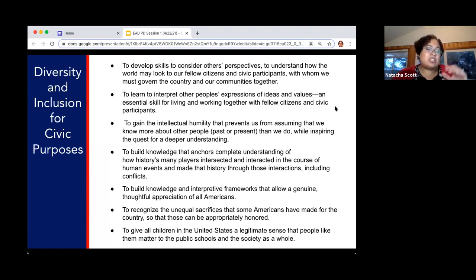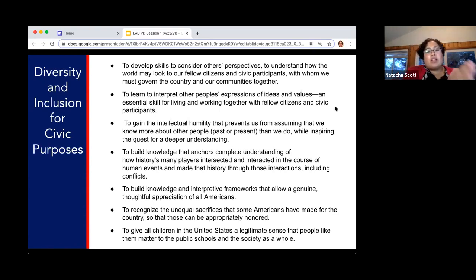In the back, this is just something that I pulled out of the back of that report, thinking about this concept of diversity and inclusion, making sure that we are being purposeful about the inclusion, and diversity and inclusion for civic purposes, not just to be able to say, check, check, check, right? Great, I have this perspective, I have this perspective, I have this perspective, but rather trying to get to a deeper understanding and a deeper civic learning when we're incorporating those perspectives.